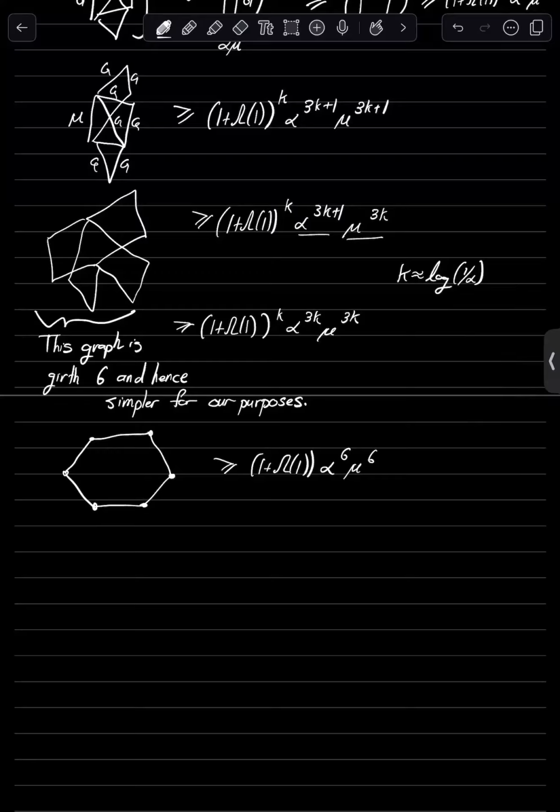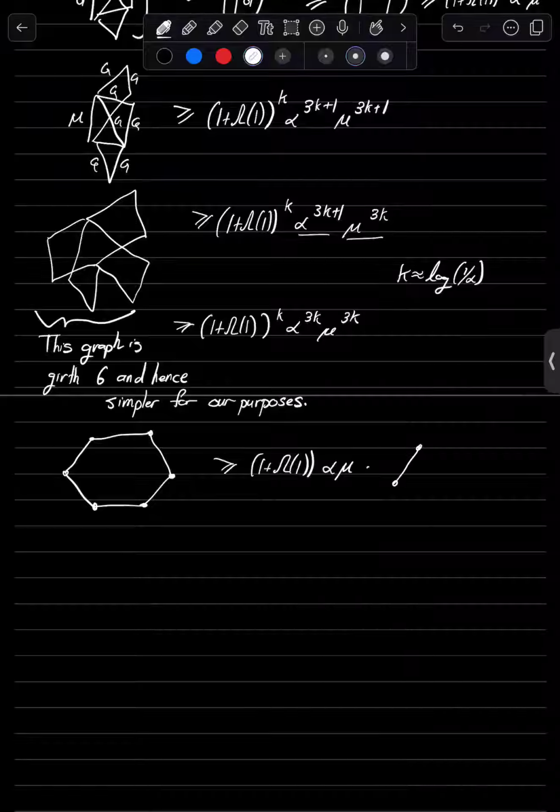Okay. So again, I can actually make my life even simpler by iteratively removing an edge. Instead of looking at this assumption, I can ask that it's bigger than alpha times mu times the corresponding 5 cycle, like so, a 5 path.